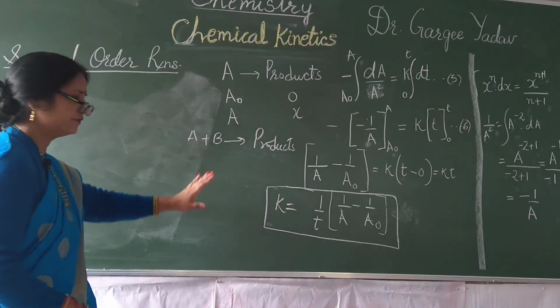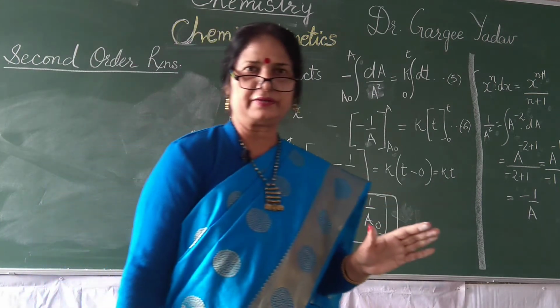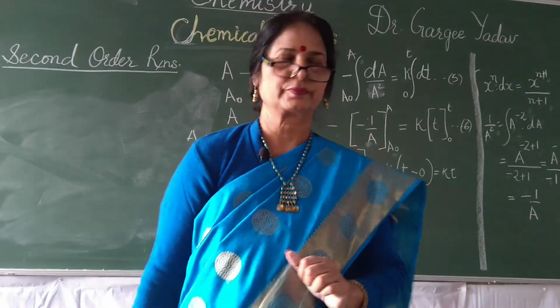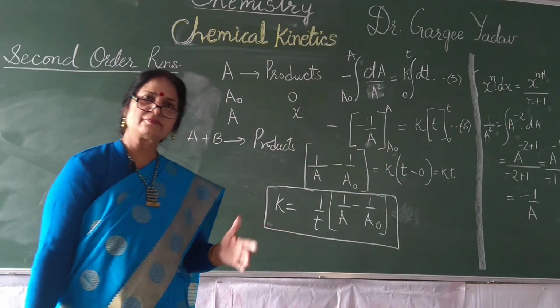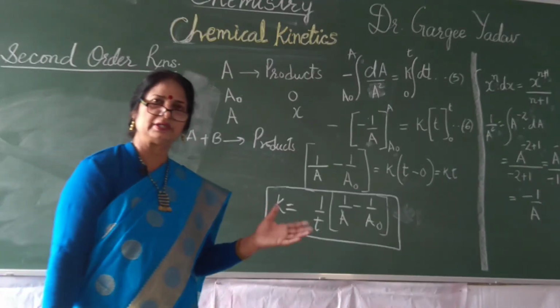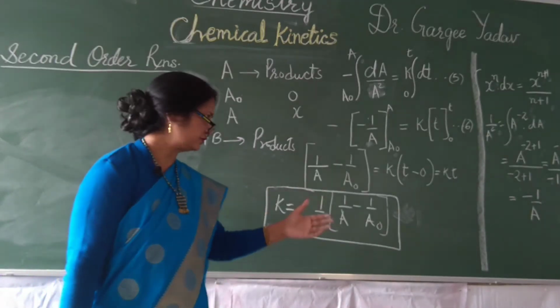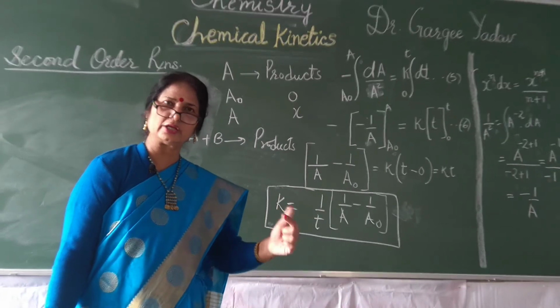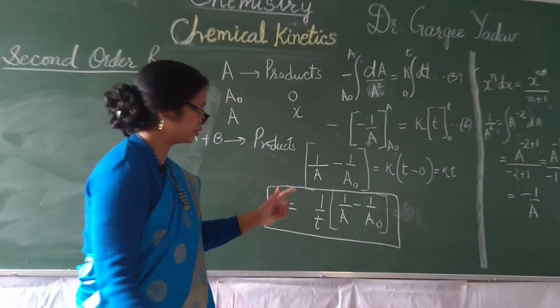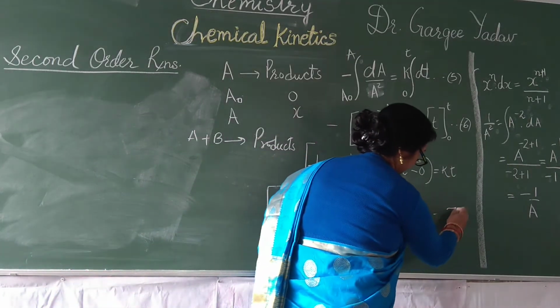But now I will tell you about the half-life of a second order reaction. So half-life is when half of the reaction has been completed, means the concentration A is actually A naught upon 2. So I will calculate that from this equation, that is equation number 7.